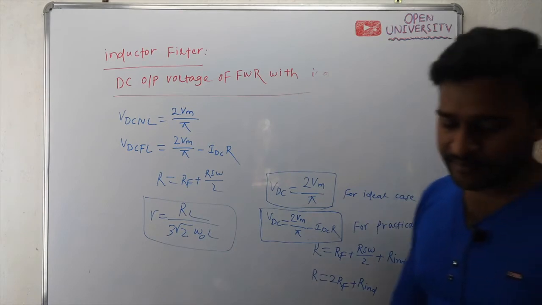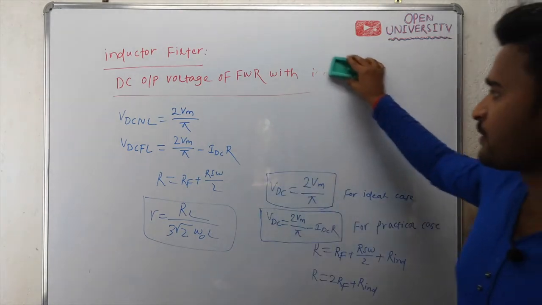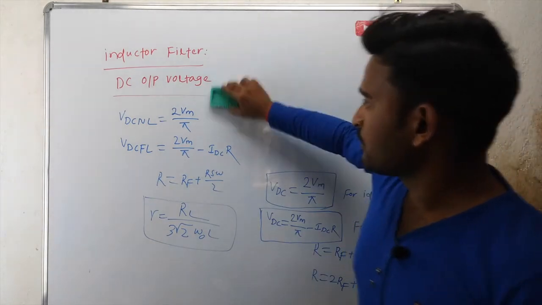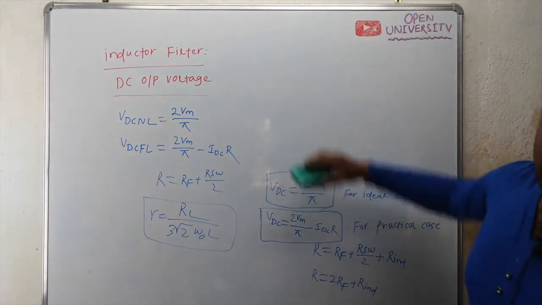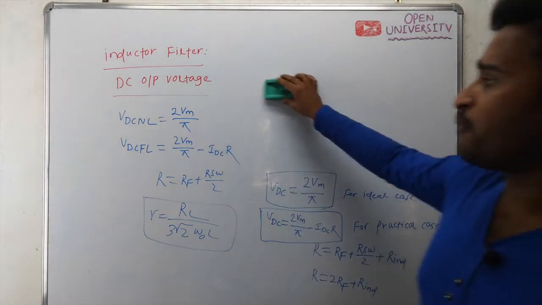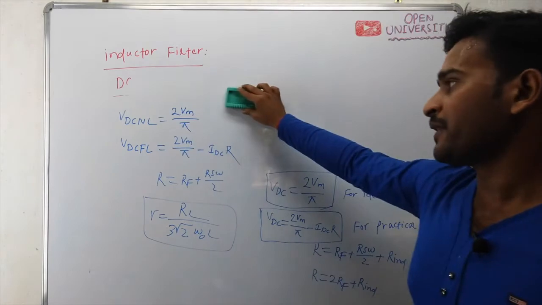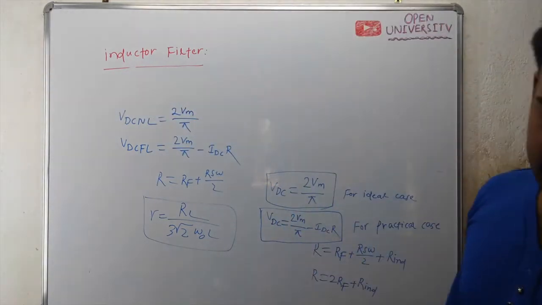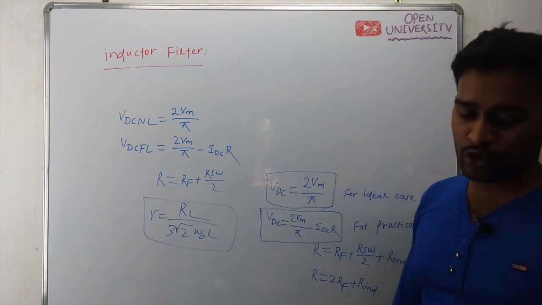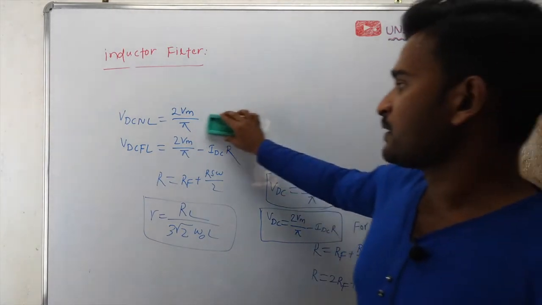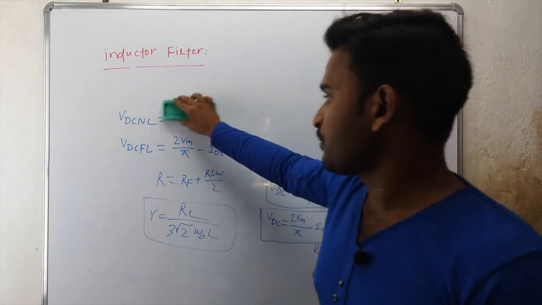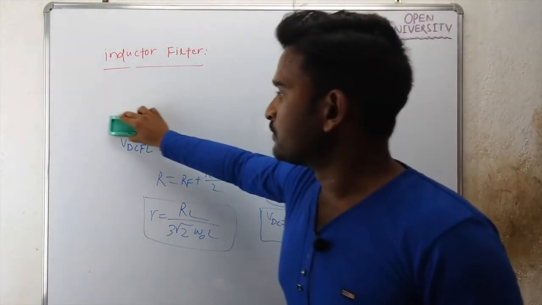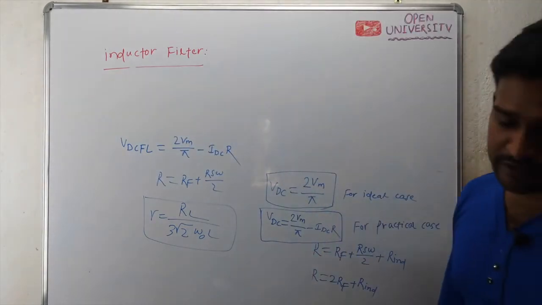A full wave rectifier uses an inductor of 4 Henry in series with a load of 400 ohm.